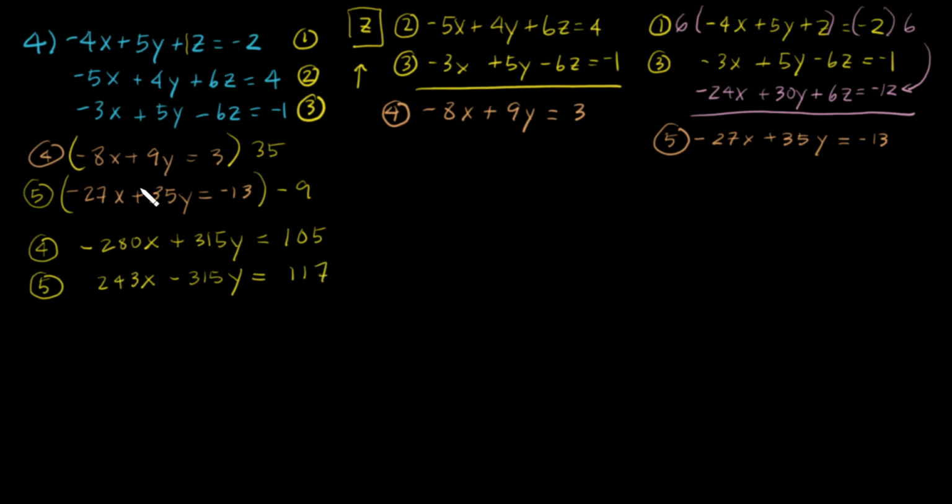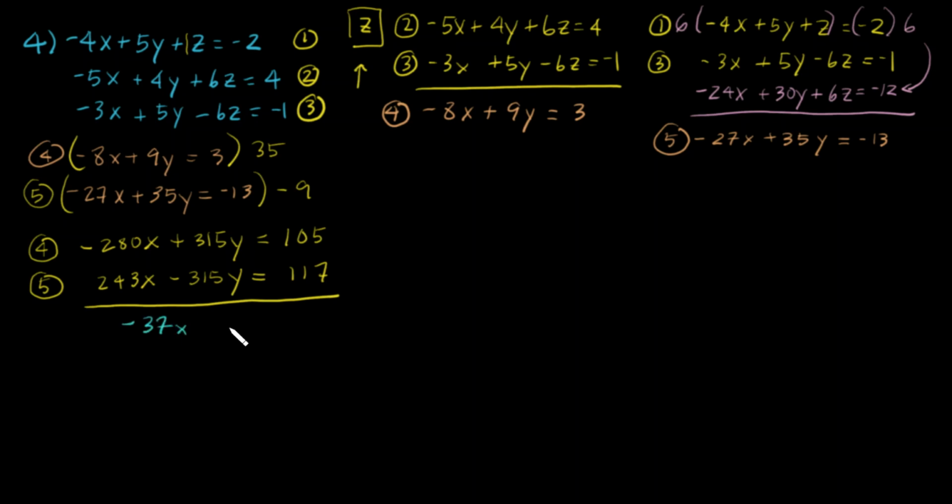I'm just going to check all my work, okay? So we have 8 times 35, 9 times 35, 3 times 35. Make sure I check my signs. And then I have a negative 9 times negative 27, 35 times negative 9, and negative 13 times negative 9. Okay, now let's go ahead and combine these two. Whew, are you with me? We have a negative 280 plus 243, so that's going to give you negative 37x.